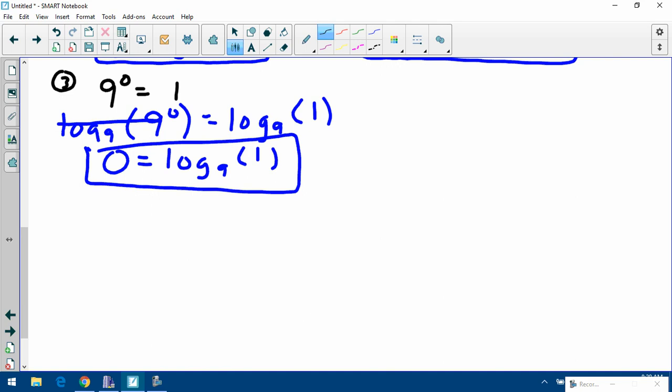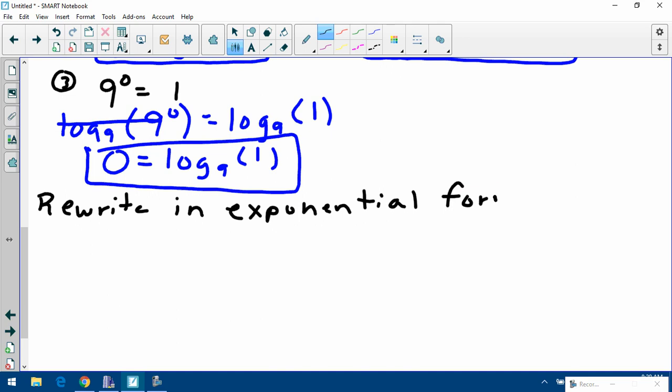Now I want to go the other way. So for this next few examples, I'm going to say rewrite in exponential form. Number 1, log base 1/2 of 8 equals -3. Now, if I want to write in exponential form, I got to get rid of the log. So the base is 1/2.